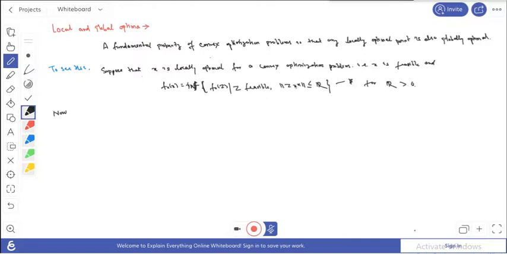Now our claim is that we suppose that our x is locally optimal, but x is not globally optimal.